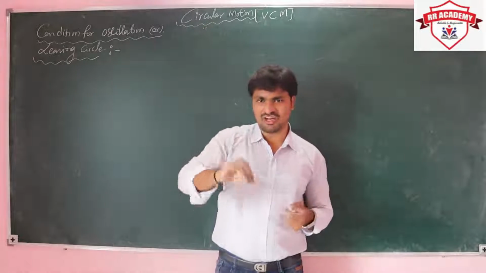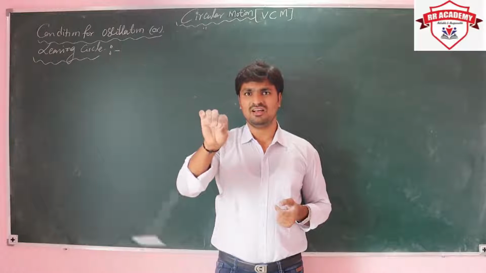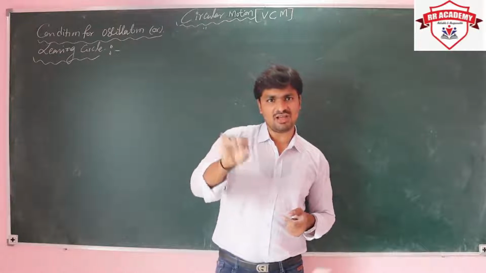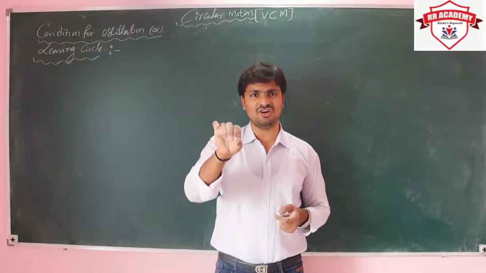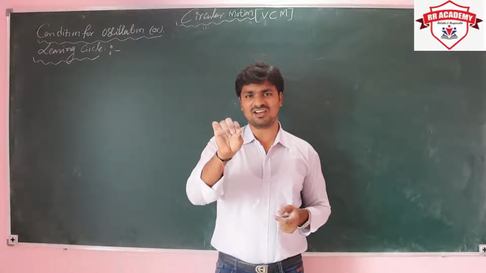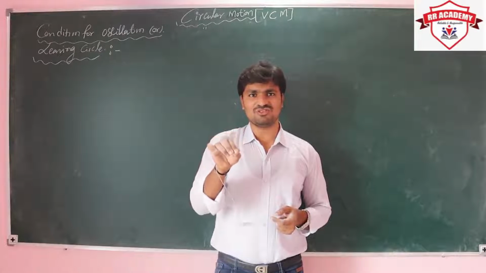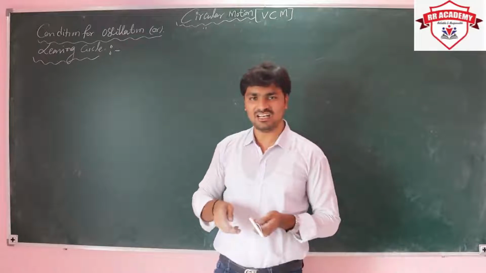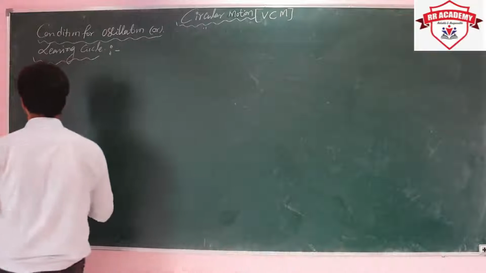But in the last condition you are observing, the string becomes loose, which means tension is 0, but the velocity is not 0, the speed is not 0, later it becomes 0. That is what we are discussing here.